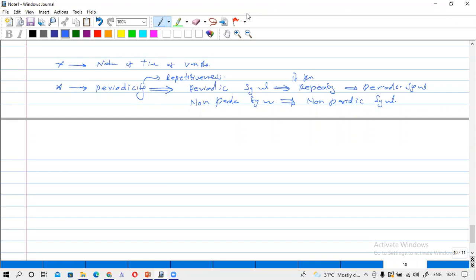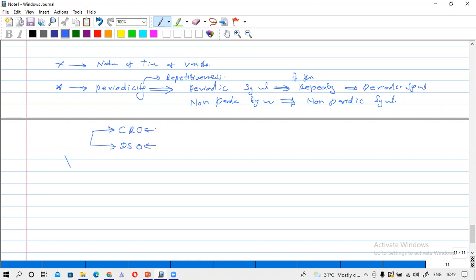Have you used the oscilloscope, the CRO, cathode ray oscilloscope? In our lab, mainly we have two oscilloscopes. One is the cathode ray oscilloscope. The other one is the digital signal oscilloscope. Did you come across this instrument, the oscilloscope?